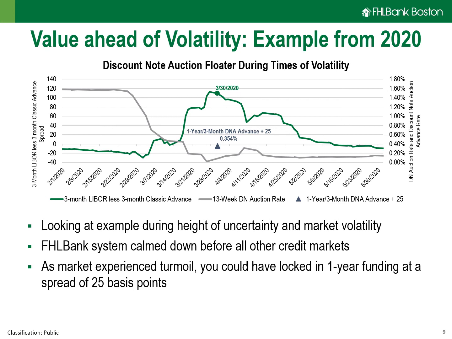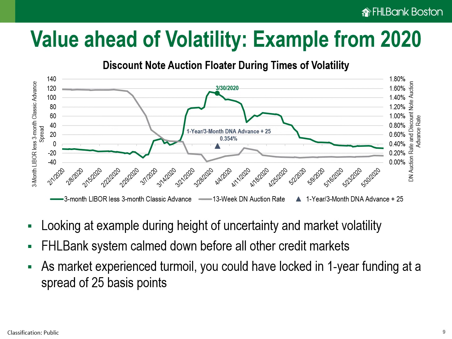As market volatility picked up and hit its peak at the end of March, you see the FHLB system saw very minimal impact. You see rates started to come down in February, and then when volatility spiked, rates continued to come down. So even as markets experienced turmoil, you could have locked in a 1-year funding at a spread of 25 basis points, or all in at 35 basis points when you account for the spread that FHLBank Boston used.